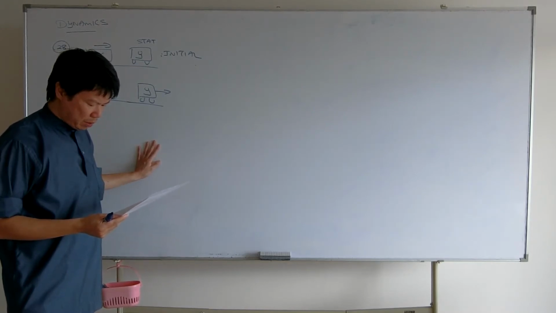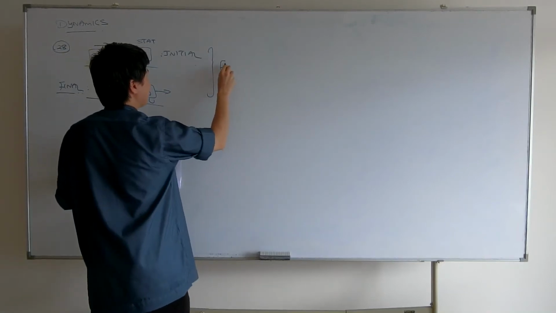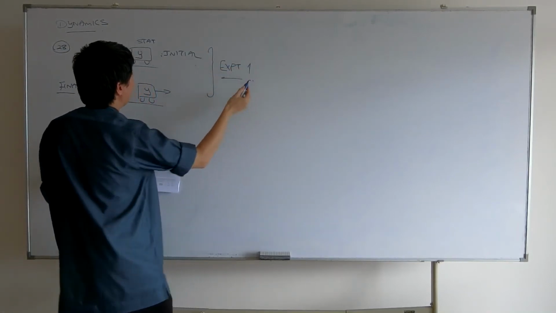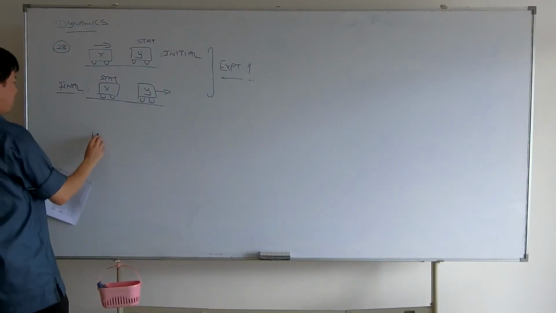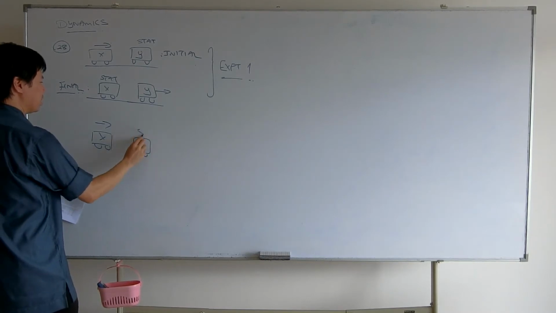After the collision in experiment 2, the trolleys join and move off together. So this is experiment 1. Experiment 2, we have the same initial movement. X is here, Y is stationary.